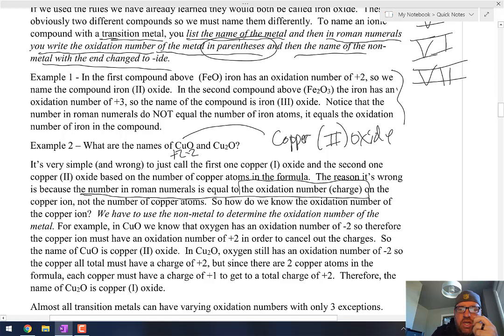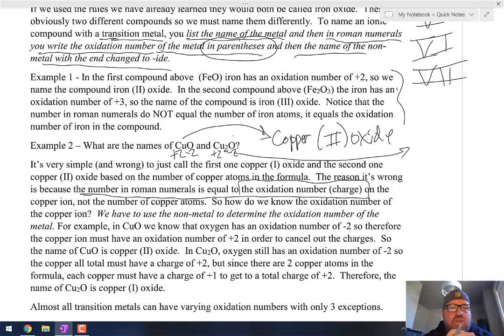Now Cu2O: again, oxygen is -2, and copper all total has to be +2. But since there's 2 coppers, here's how you have to think about this. If there's 2 coppers and the overall charge has to be +2, each copper therefore must have a charge of +1.